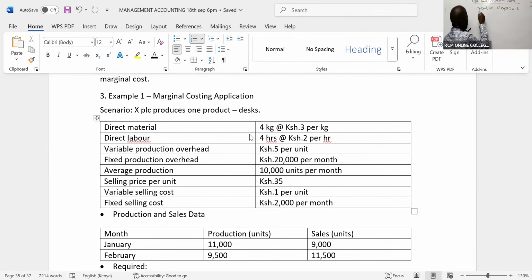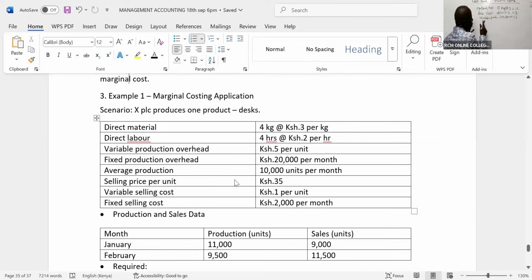And then we have labor cost. We took 4 hours times 2, which gave us 8. And then we have a variable production overhead per unit, which gave us 5.